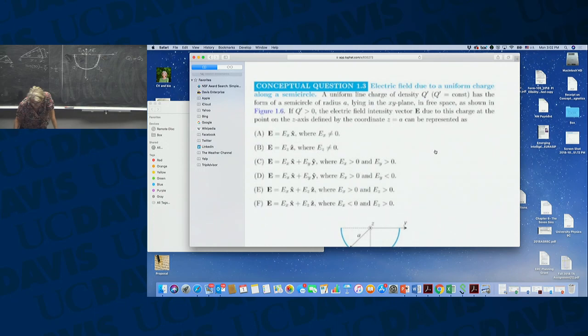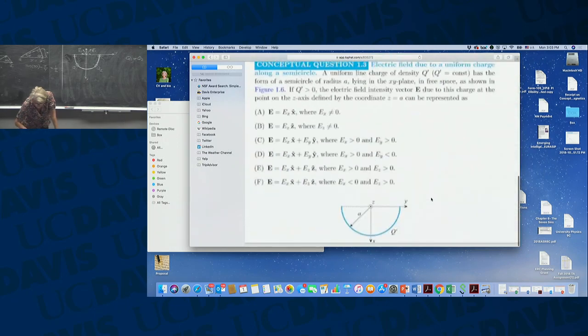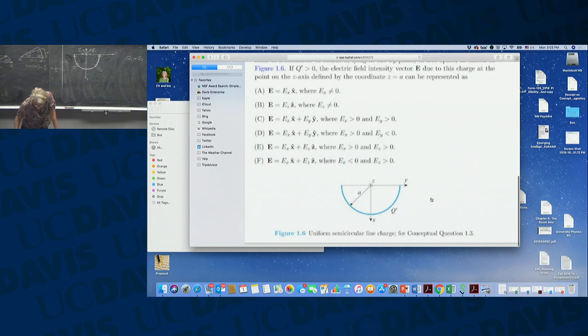It says here that it will have a z component as well, obviously. So in fact, you guys went to the last one, which said that it was going to be an E sub x and an E sub z. There's the negative x. Okay, well, I apologize for that.